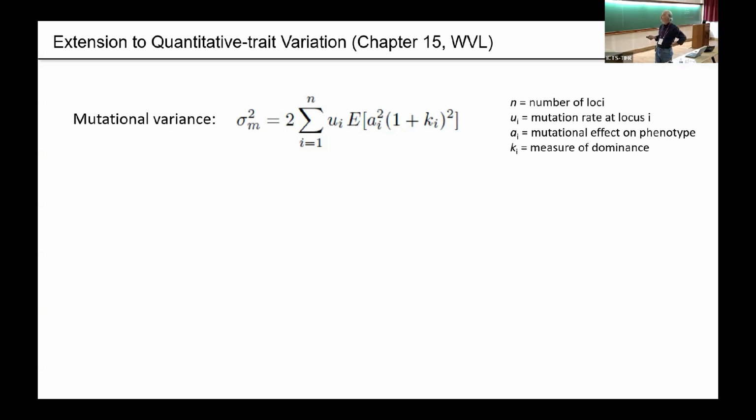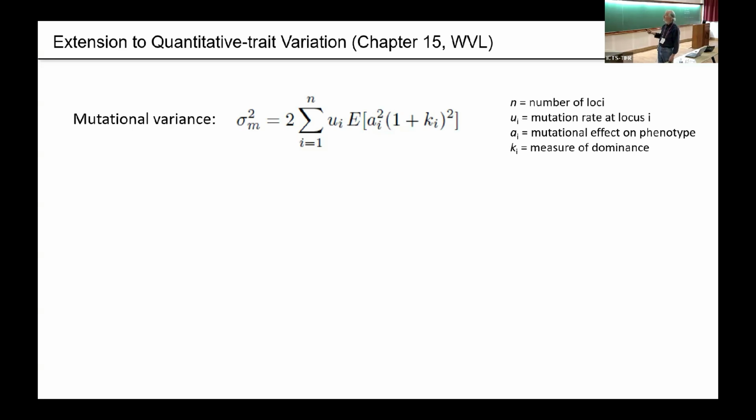And so we have to change our definition now because now this is what we call the mutational variance. It is a function of these mutation rates I just talked about, but this would be for a nucleotide site for the trait we're interested in. It's a diploid, there's a 2 there. And N is the number of loci contributing to the trait. And we're concerned with phenotypic variation, so we're after a variance, so we have to multiply it by the squared effect of the mutation at the phenotypic level.